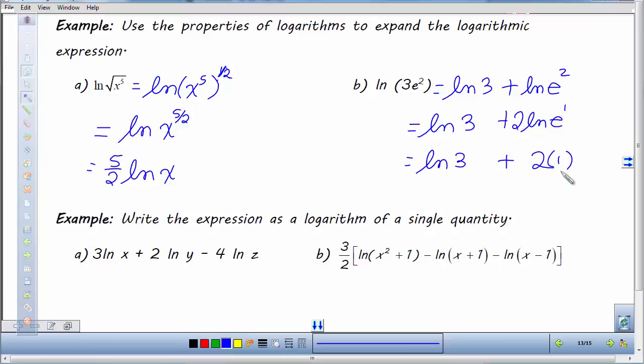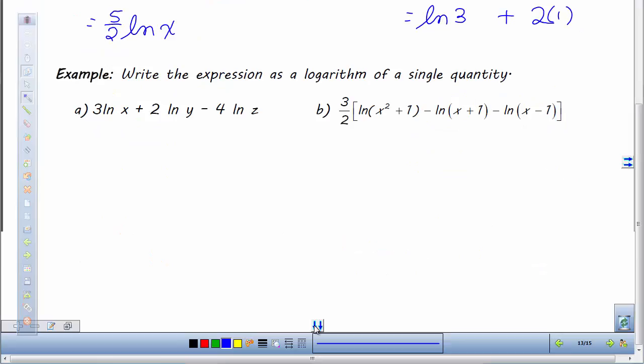All right, now we're going to go in the opposite direction. We're going to use natural log to compress some things. So thinking backwards, we get what? If this was 3 natural log of x, I could get natural log of what?